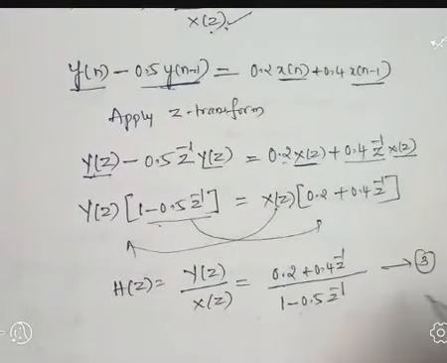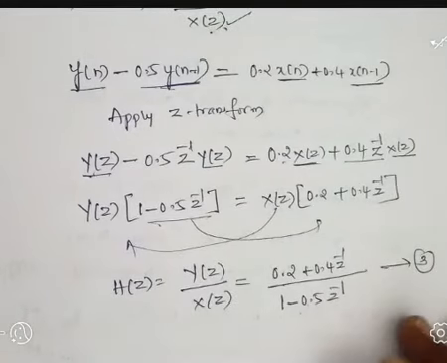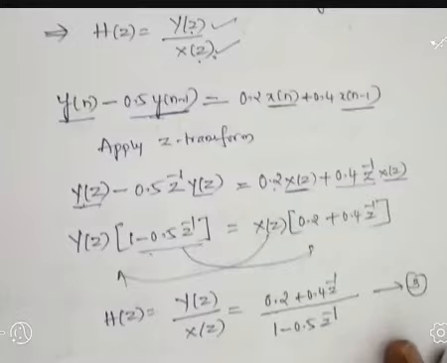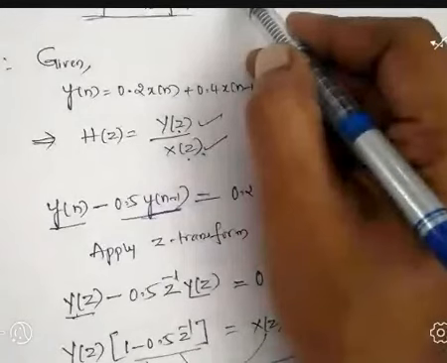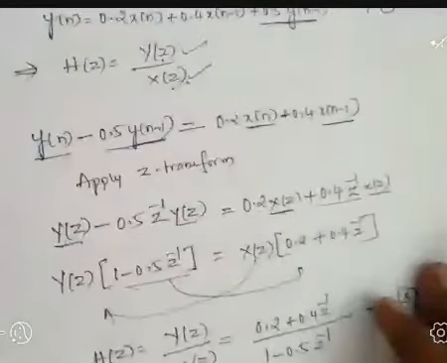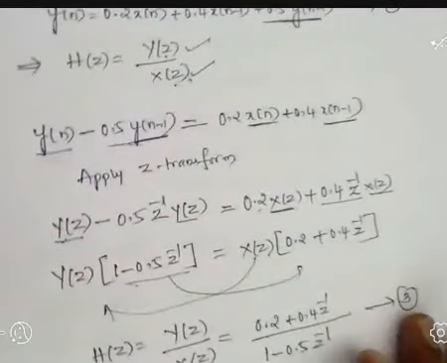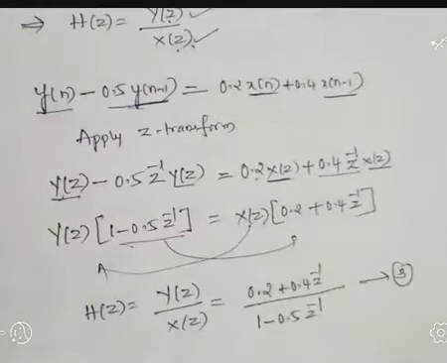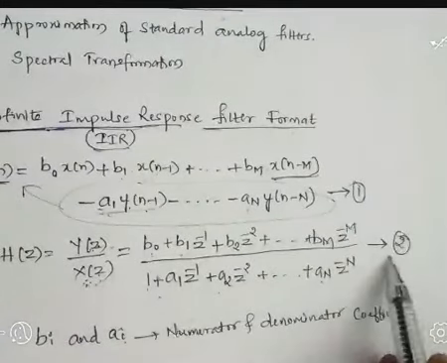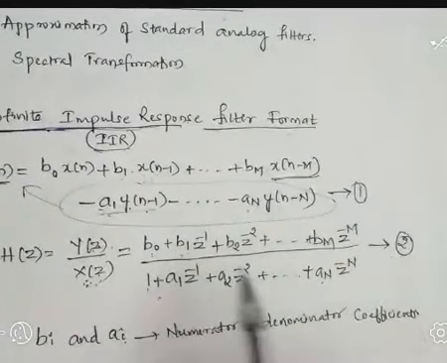So what does equation 3 tell us? It is the transfer function of the given IIR filter. This point we calculated. Let us move on to the non-zero coefficient terms. Let us compare with the standard form, equation 2, b0 plus b1.